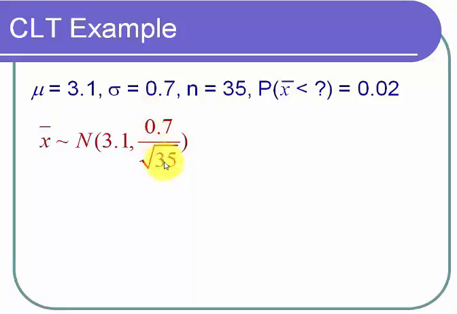That's sigma over the square root of the sample size. This time we want to find the second percentile. So that means we want to find out what value of x bar will be such that the probability of x bar being less than this value is 0.02, or 2%.